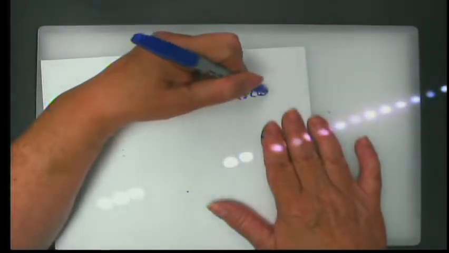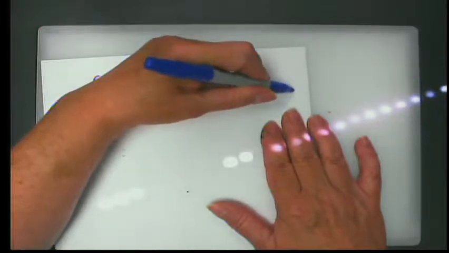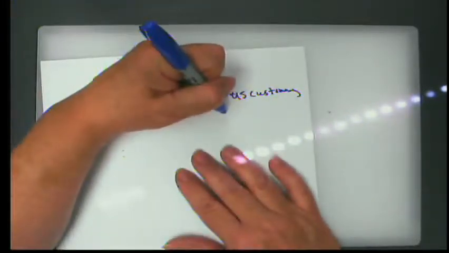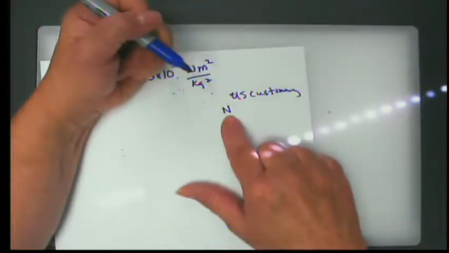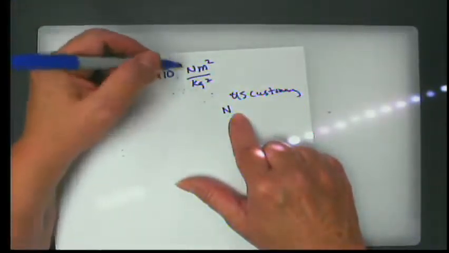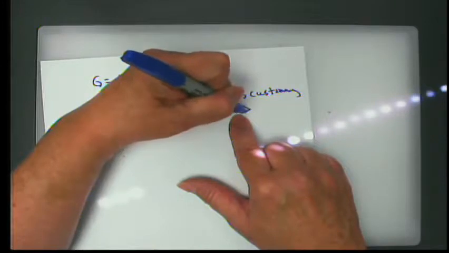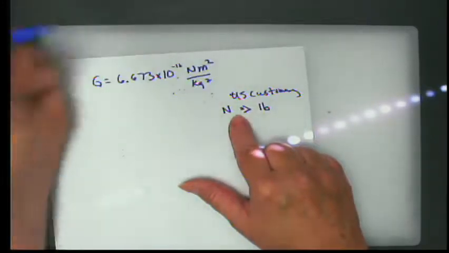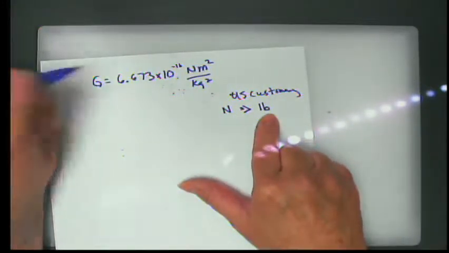Now, in the English or U.S. Customary System of units, we can break apart all of these units and think about the dimension that they measure. So in other words, a Newton measures the dimension of force, which is measured in units of pounds.